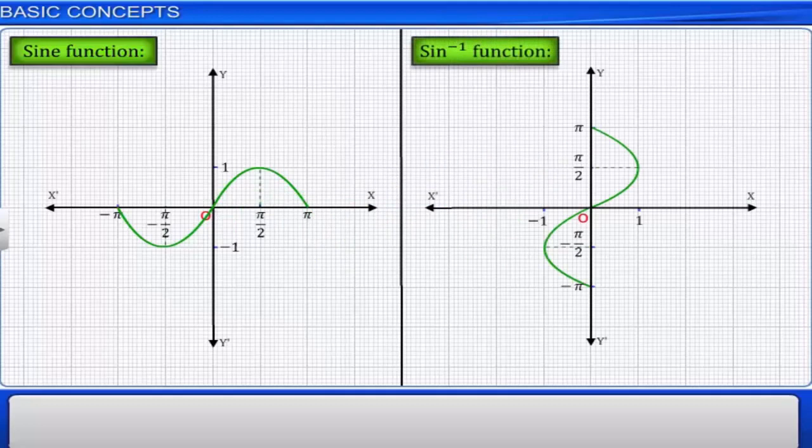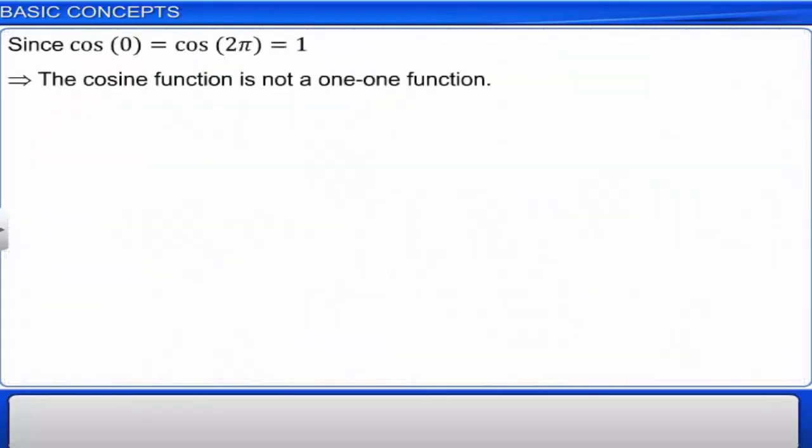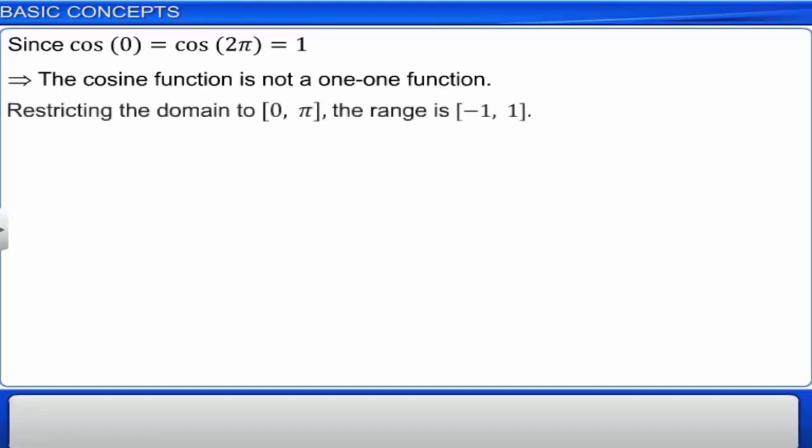Let's now proceed to the cosine function. As the values of cos 0 and cos 2 pi are equal to 1, it is not a 1-1 function. On restricting the domain to 0, pi, it becomes 1-1 and onto with the same range.